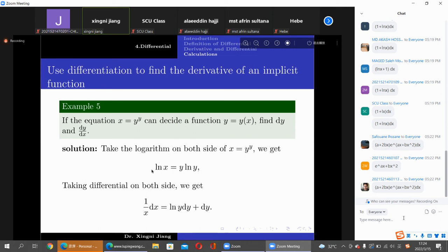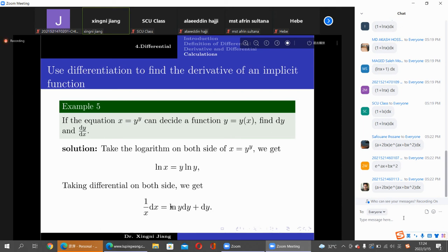So you take the differential on this side related to x, you will get (1 + ln x) dx, and you take the differential on this side for y, you will get ln y dy plus dy. Okay, so you just find the derivative of this guy related to y, and then you multiply with dy. This will give you the differential of the function on this side.